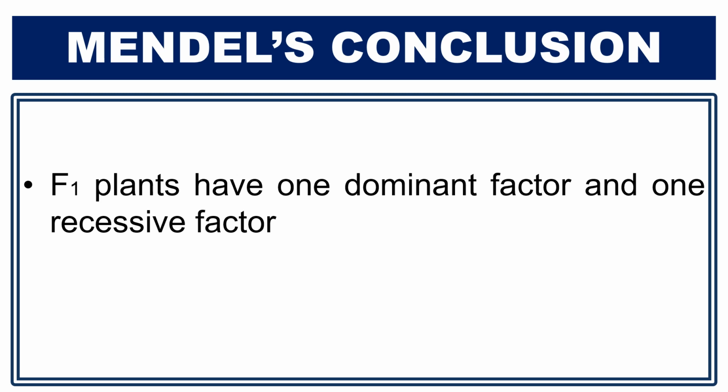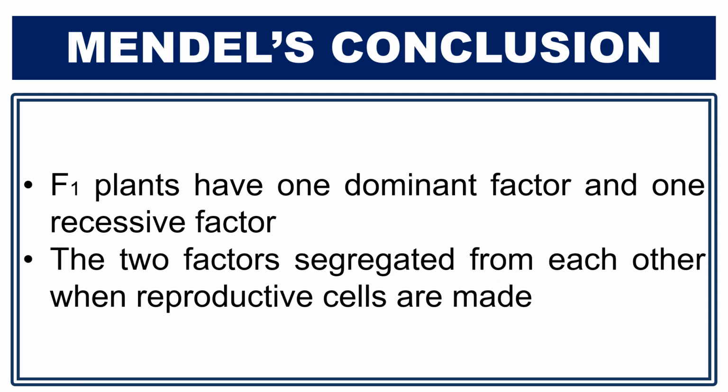F1 plants have one dominant factor and one recessive factor. The two factors segregate from each other when reproductive cells are made.